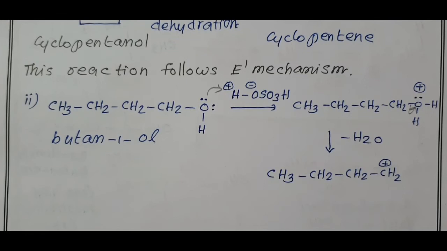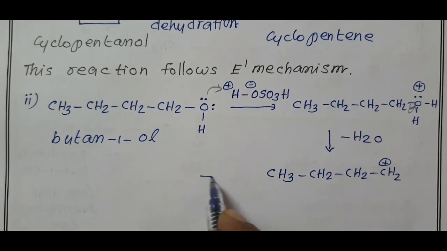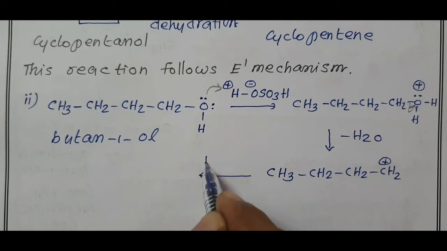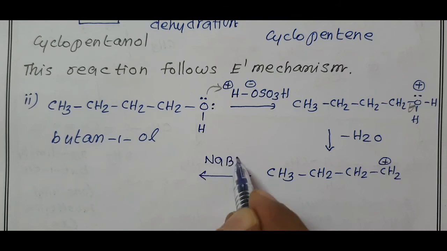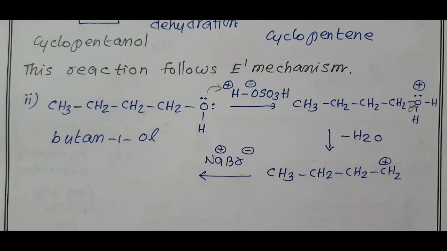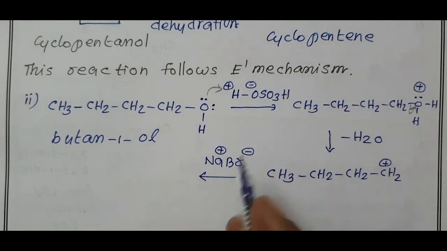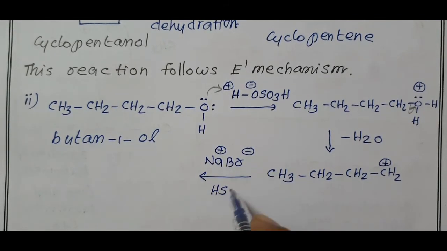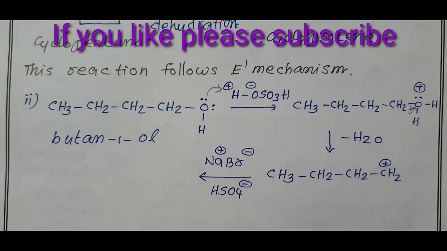Now we are going to add the NaBr, sodium bromide. It undergoes ionization and gives Na plus and Br minus. In the first step, we have one bisulfate ion, HSO4 minus ion. What happens?